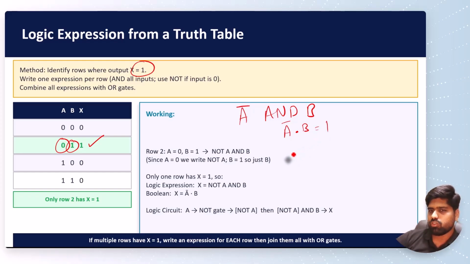Otherwise, if you write it in a different way, it will become NOT A and then AND B. If there's a little bit of confusion, don't get confused in there, because if you apply this NOT over here, then it will produce a different result. It will be a NAND gate.